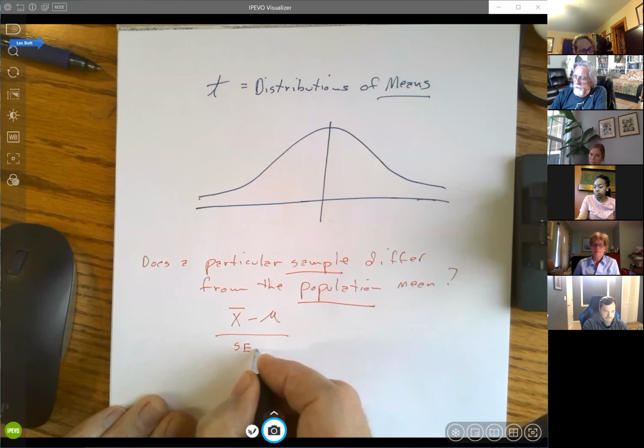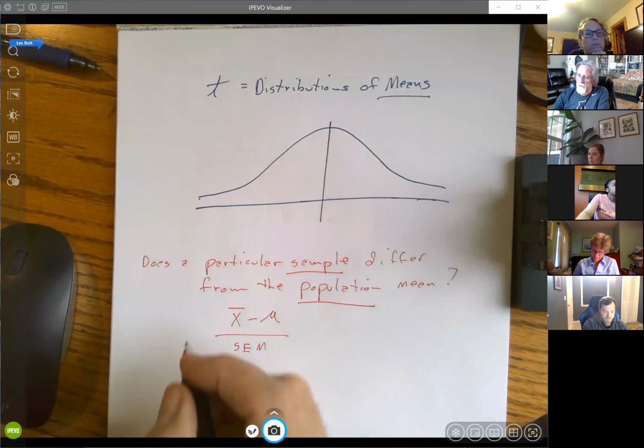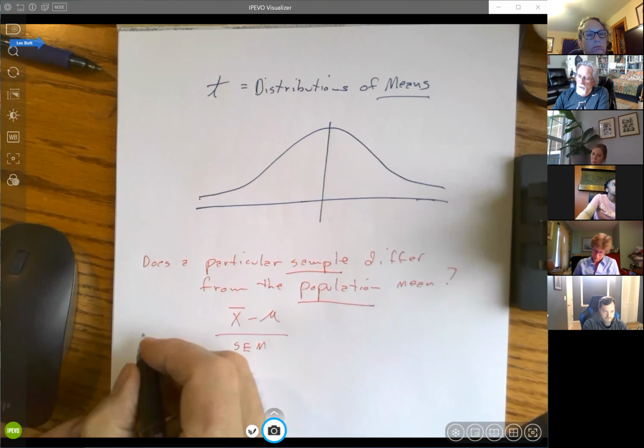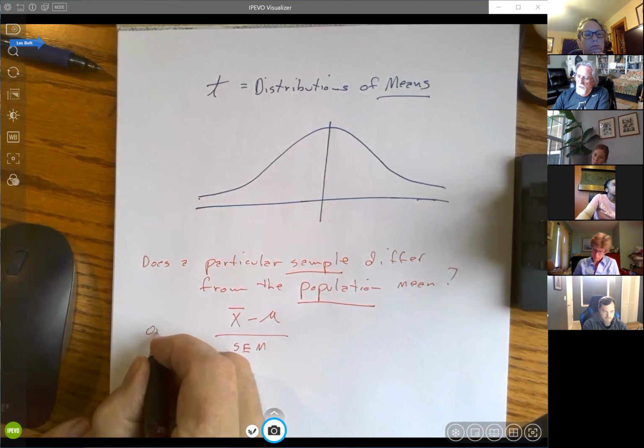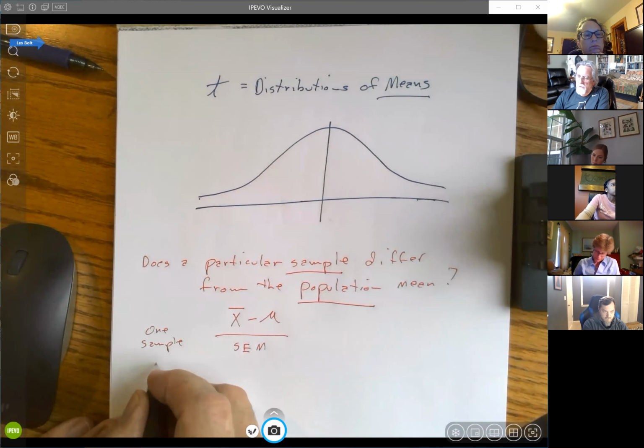And on the bottom is something called SEM, which, similar to standard deviation, is called standard error of the mean. And so it's calculated very similar to standard deviation, just using sample means. And so this becomes what's called a one sample t-test.